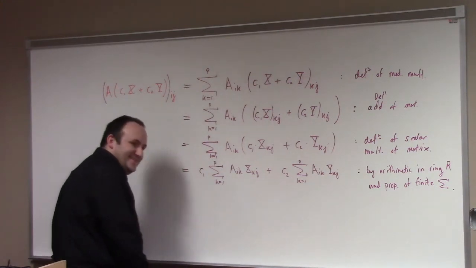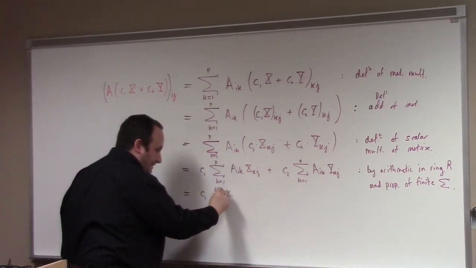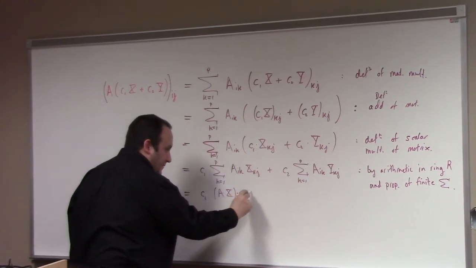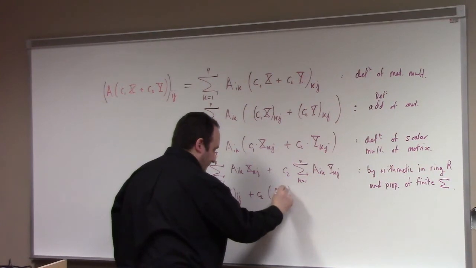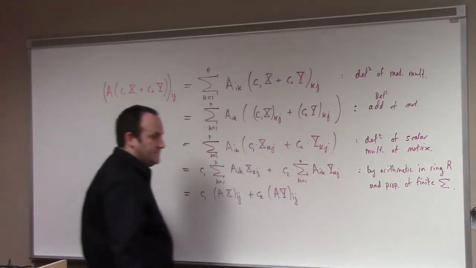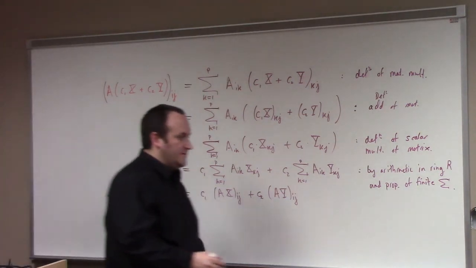And then finally, what do we have? We have C1 (AX)_ij plus C2 (AY)_ij, right? And that's by the definition of matrix multiplication.